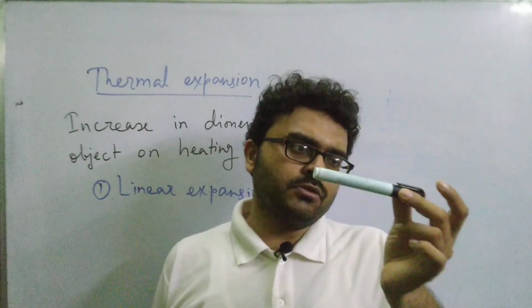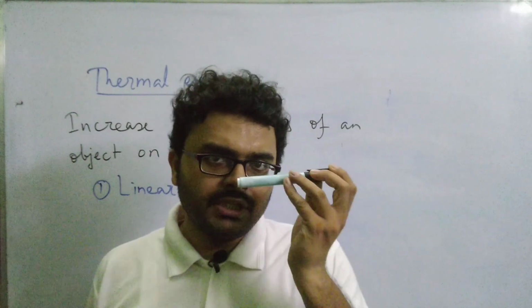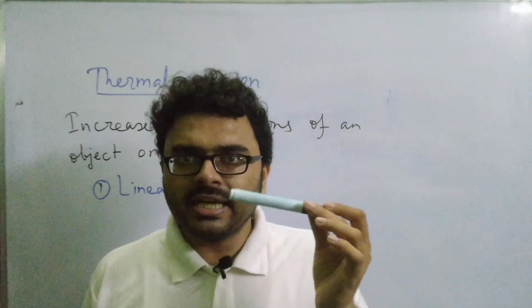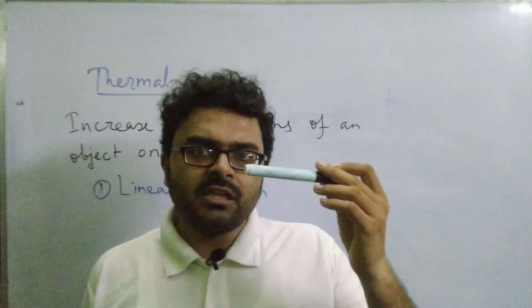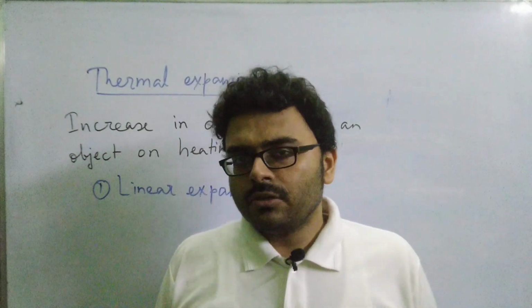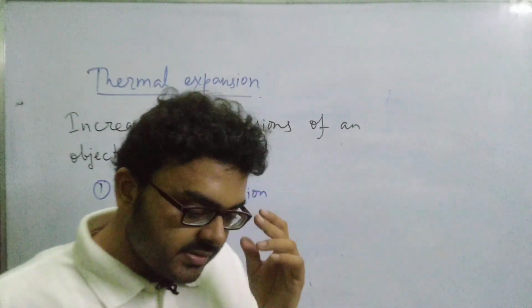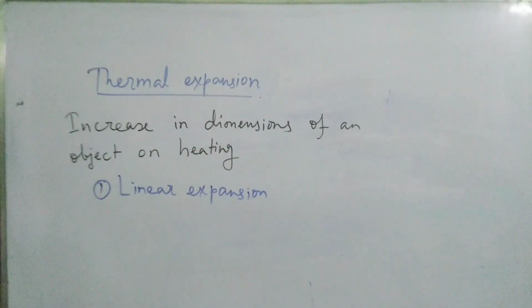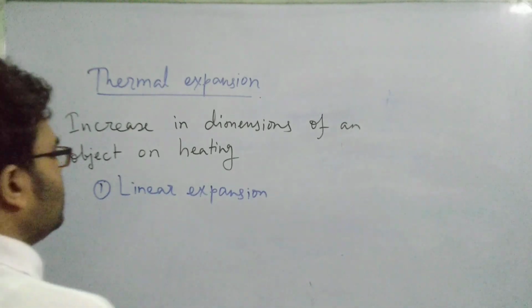You know that any solid object that you are holding in your hand has three dimensions: length, breadth and height. So if you heat this kind of substance, it increases in only length, and that expansion is called linear expansion.